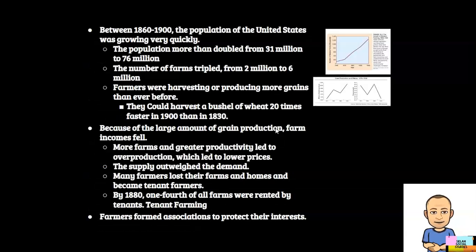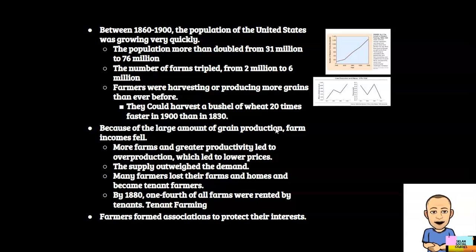So between 1860 and 1900, the United States population more than doubled, and because of the amount of land given away by the federal government, the number of farms tripled. And with the help of the Industrial Revolution and the improvements to the mechanical reaper, farmers could harvest a bushel of wheat 20 times faster in 1900 than they could by hand or with early mechanical reapers in the 1830s.